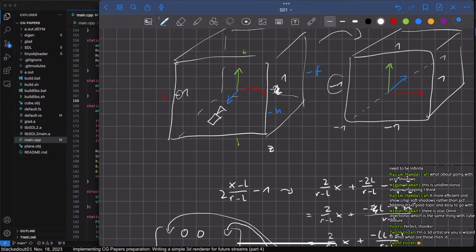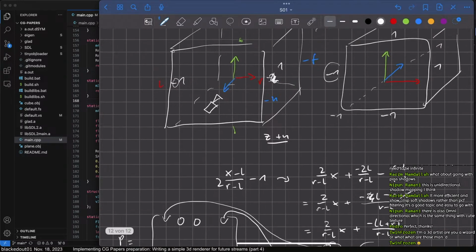So for the z value, we have to subtract the lower part, which means in the end that we just add n. And then we have to divide by, again, the difference, so minus f minus minus n.